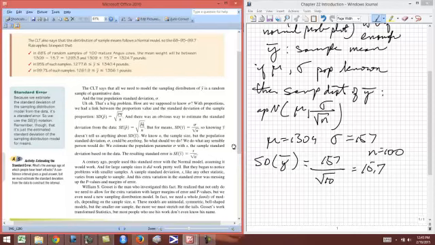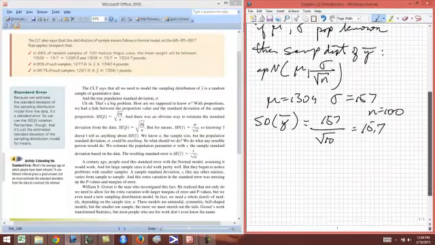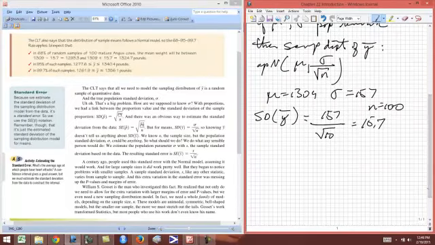Namely, the standard deviation of p hat, or the standard error of p hat, can be calculated from p hat, namely the square root of p hat q hat over n. But what if we don't know the standard deviation of the population? We can't make that up from either p or p hat.